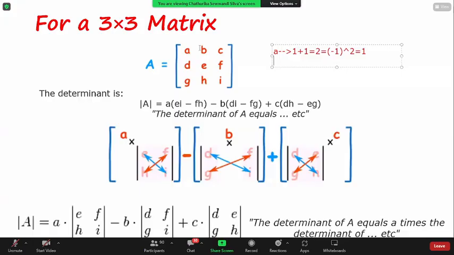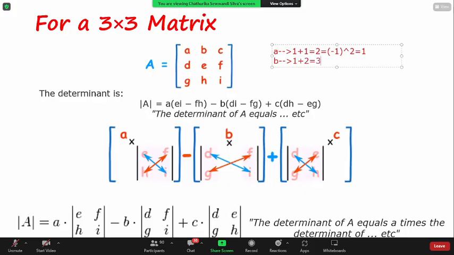If you consider the element B, what is the row number? 1. What is the column number? 2. So what is the summation? 3.